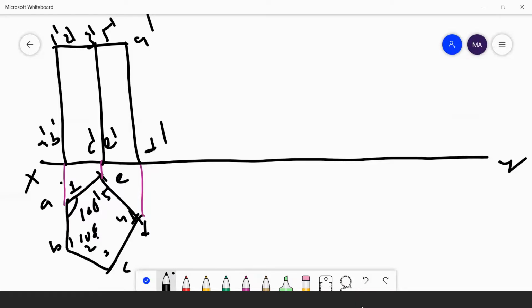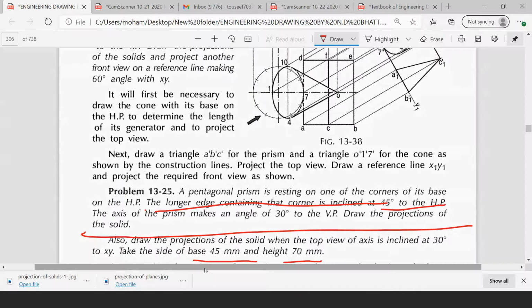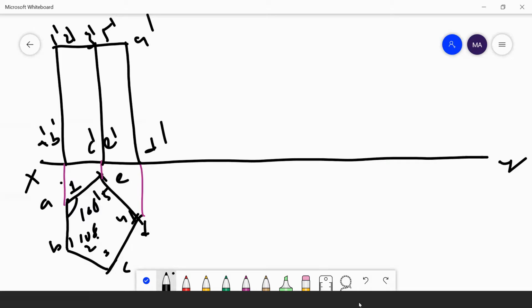You take this diagram. Here it is the resting corner. A dash, B dash is your longer edge, and the resting corner is D. It is making an angle of 45 degrees. So I have taken the inclination of 45 degrees here.